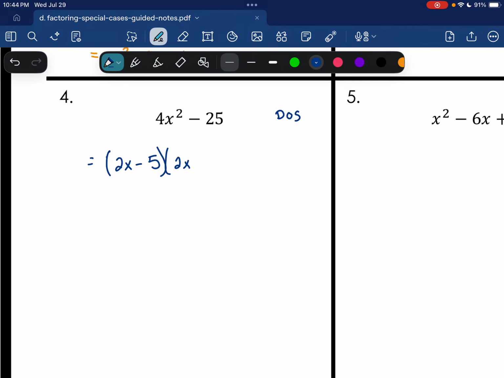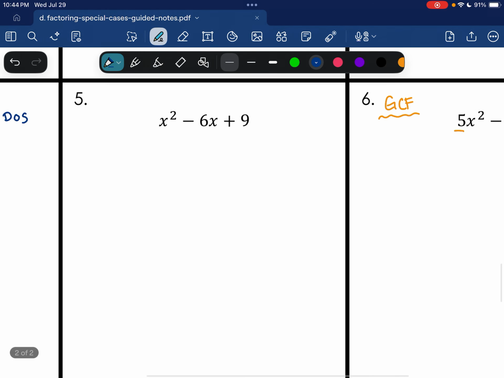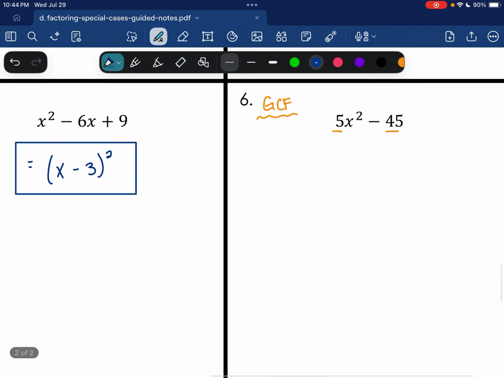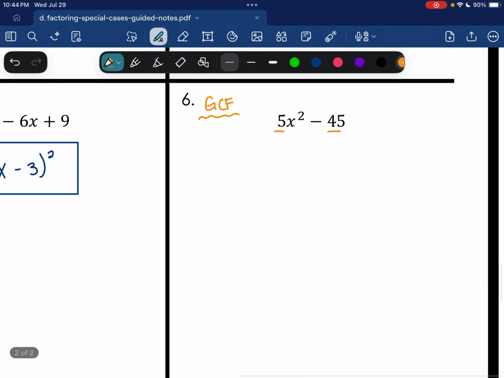You guys are doing a great job. All right, this last one, trying to stump you with that GCF, but you're no match for my tricks here. You saw that they had 5 in common, so you factor that out to the beginning and got x squared minus 9. X squared being a perfect square, 9 being a perfect square, you knew that you could factor this as a difference of squares. So you had x minus 3 and x plus 3.